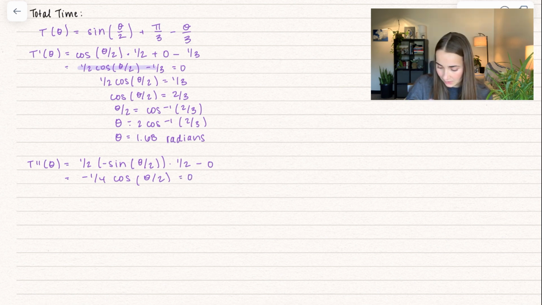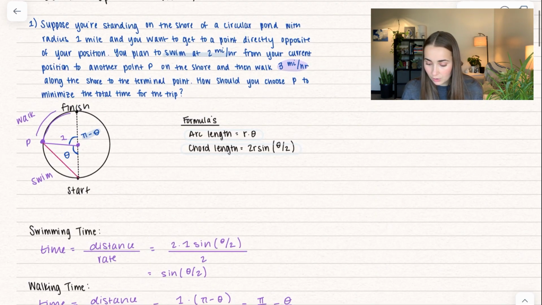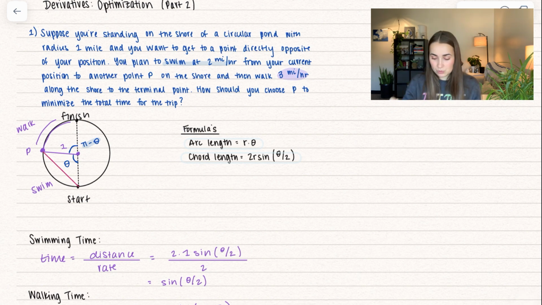If I multiply that negative 1/4 over, I still have cosine of theta over 2 is equal to 0. We can take the inverse cosine of both sides, and so I get this. And let's think about the angle at which cosine is 0. That's going to be at negative pi over 2 and positive pi over 2. If we look back at our angle, it's actually going to be strictly between 0 and pi, which we extend all the way out here.